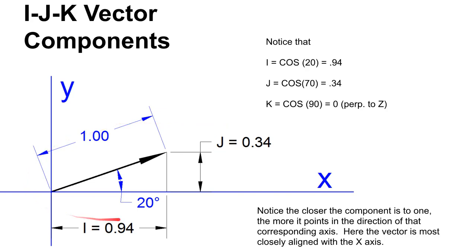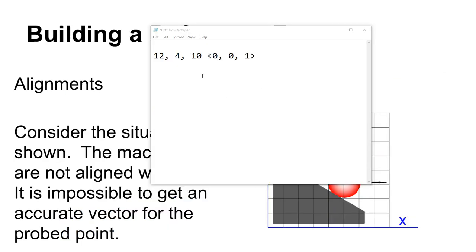All right, so what you need to realize when you have those 3 vector components, the I, the J, and the K, is to look for the biggest one, and that tells you which axis the vector is mostly aligned with. All right, so let's say we had a point and a vector that looked like this. This is its X, Y, and Z location.